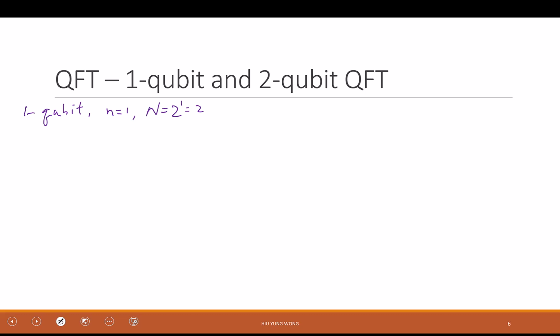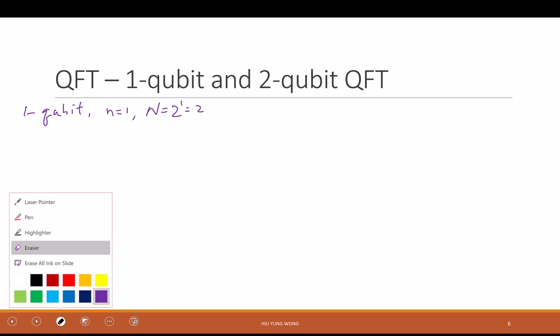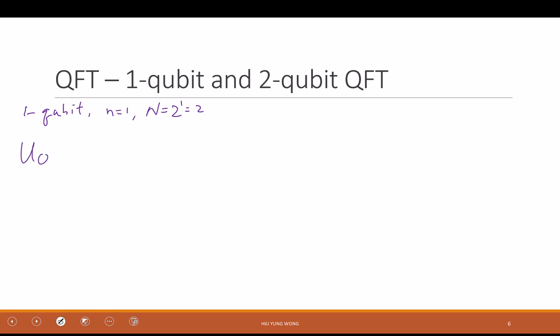So let's see. The matrix for the quantum Fourier transform, let me just use comma 1, just my notation, not everyone does this, for one qubit equals 1 over square root of capital N. Capital N is 2 to the power 1.